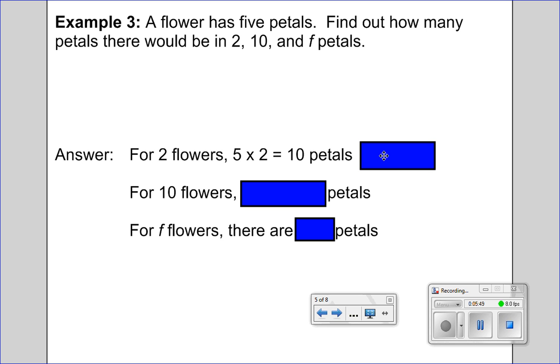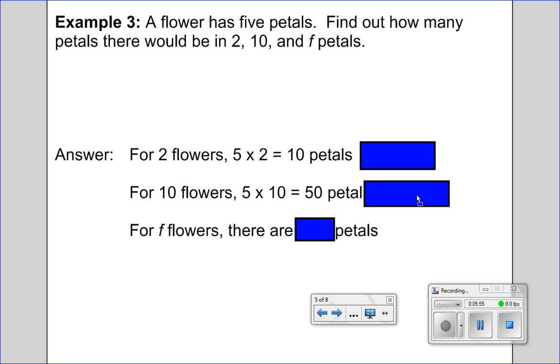I've got 10 flowers. 5 times 10 equals 50 petals. And then for F flowers, it's going to be 5 times F petals. I have to leave it like that because I don't know what number it is exactly. So it's just going to be 5 times F.